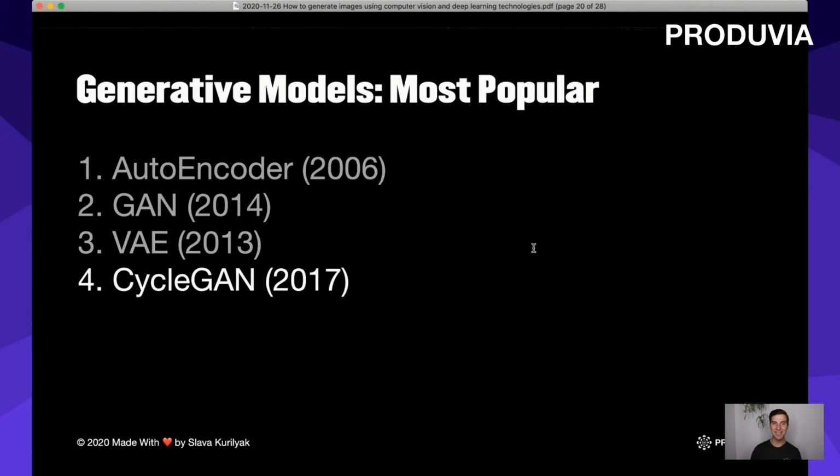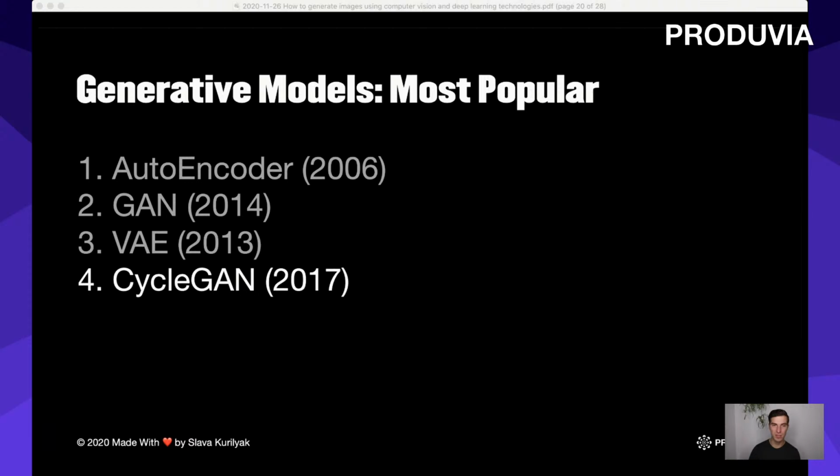The next is Cyclogan. Cyclogan is one of the more recent publications on generative models. I'll go into another slide where we talk about the most recently publicly released research paper on generative models.